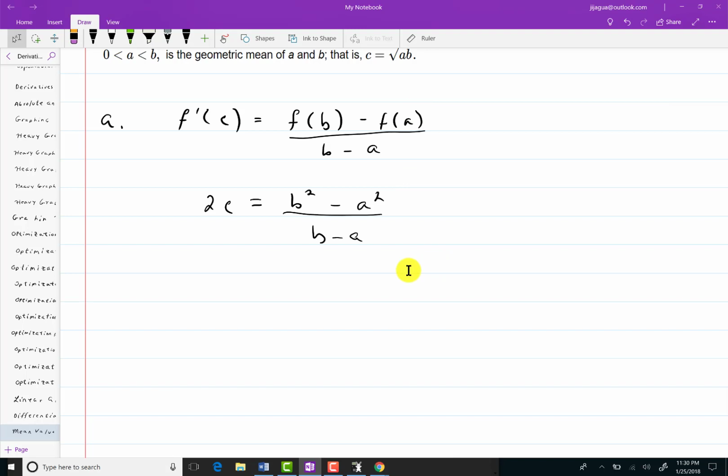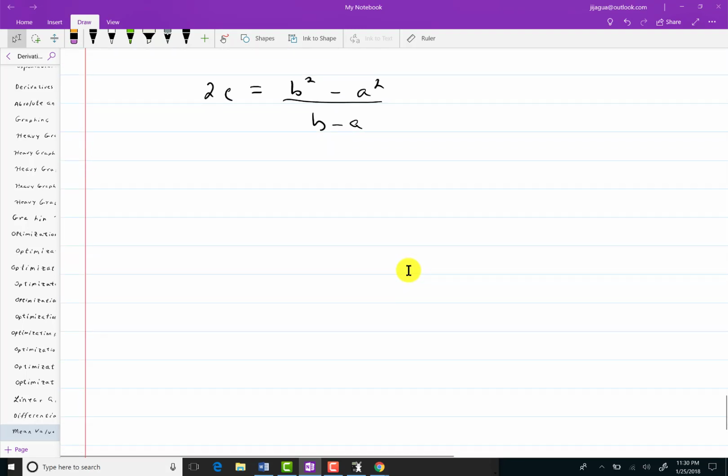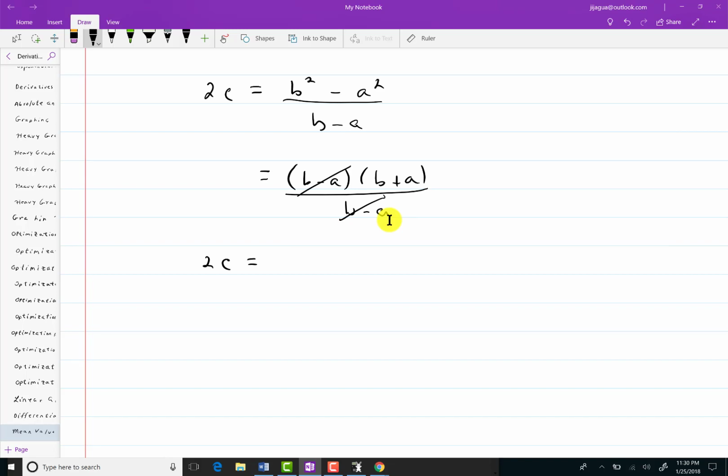And hopefully you can see where this is going to go real quick. I can factor b squared minus a squared because it's a difference of squares, and you'll get b minus a times b plus a divided by b minus a. And we can cancel the b minus a's. So I have 2c equals b plus a, and then divide by 2 to get the result.